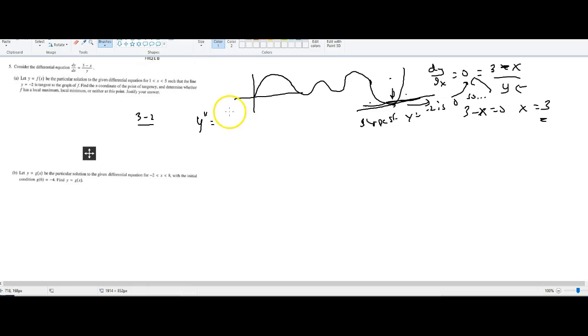Using the quotient rule, I end up with y times -1 minus, y times -1 times 3 minus x times the derivative with respect to y, which is 3 minus x, all over y squared.